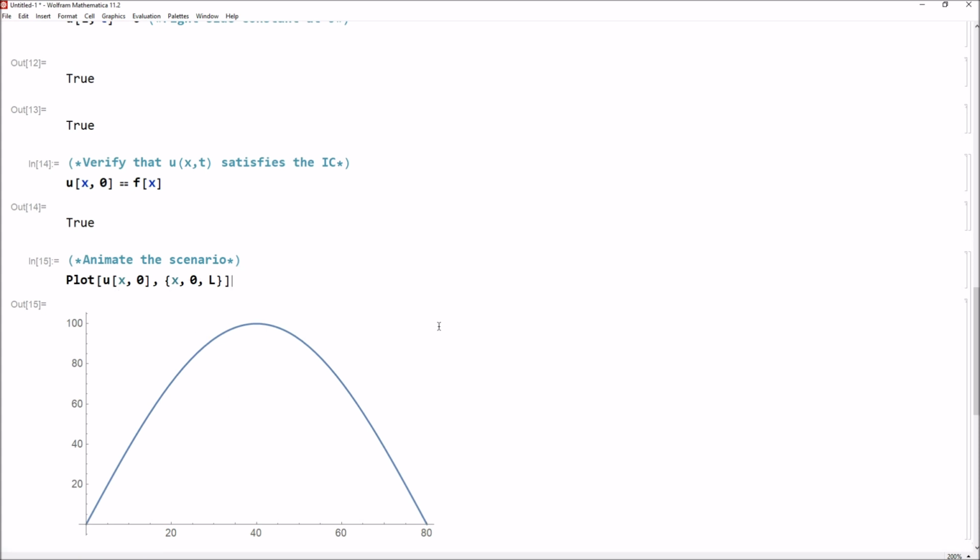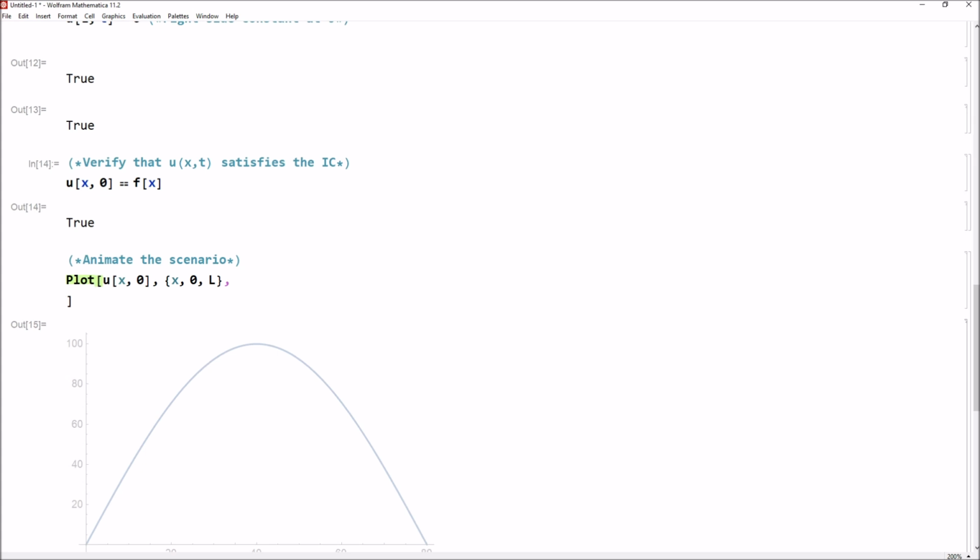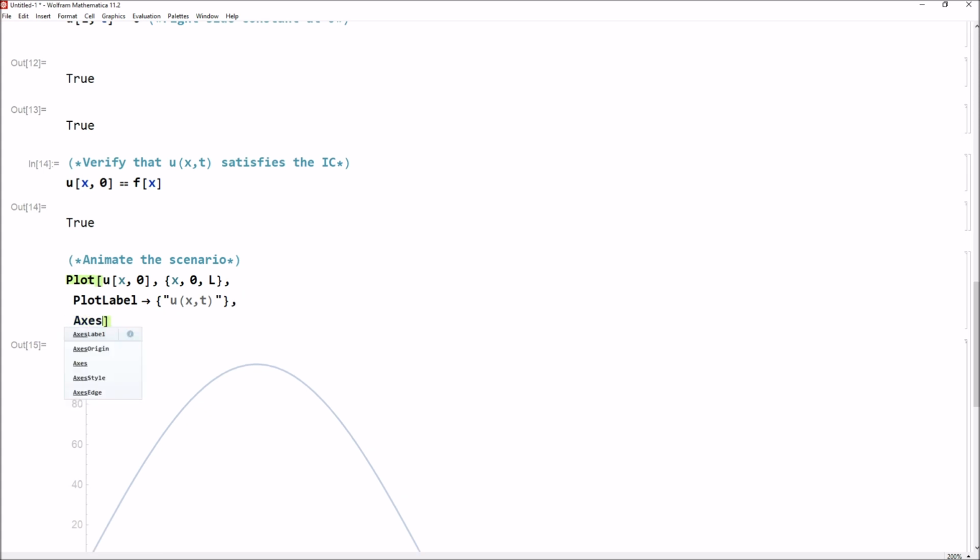Maybe we should add some plot labels so we can see what's going on. We'll say the title of this plot is something like u of x,t. And let's add some axes labels. The x value should be labeled as x. The y value should be labeled as the temperature distribution.